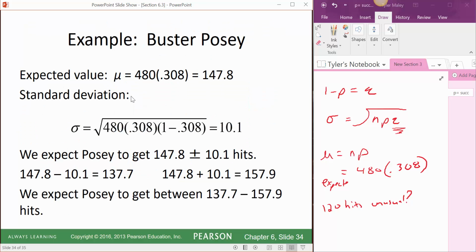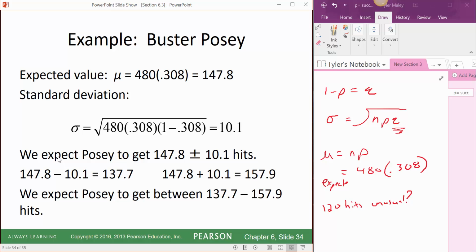So for the expected value, as I was saying, we want to find the mean, which is n times p. So that would be 480 times .308, and we get 147.8. So this is the expected value. The standard deviation we find by taking the square root of n times p times q, or n times p times 1 minus p. So if you do this, you get 10.1.